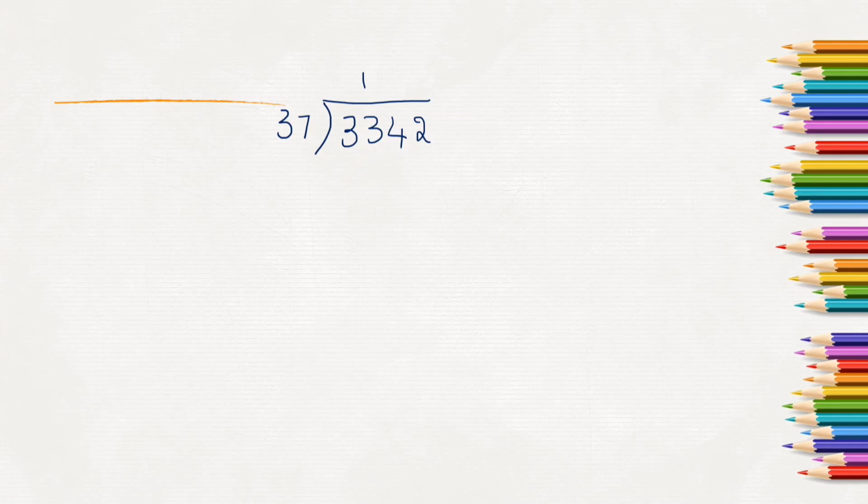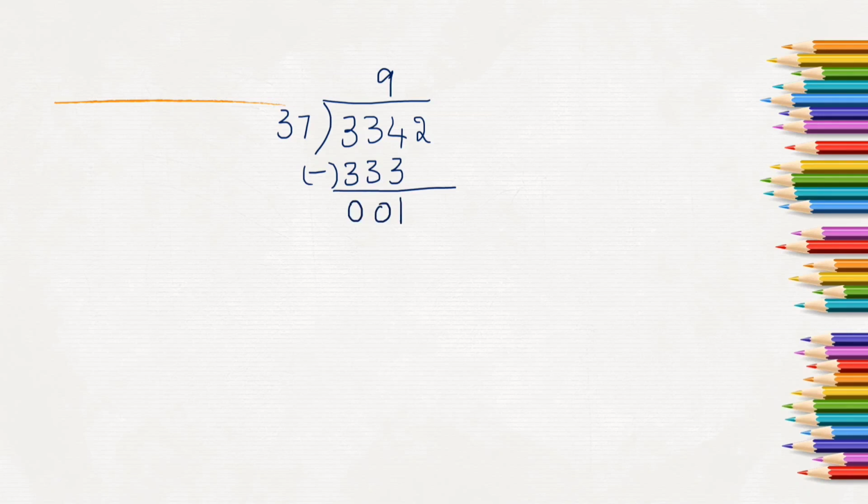Right? So here 37 10 times will be 370 and 37 9 times will be 333, which will be lesser than 334. So when we take away 333 from 334, we will be left with the remainder 1.